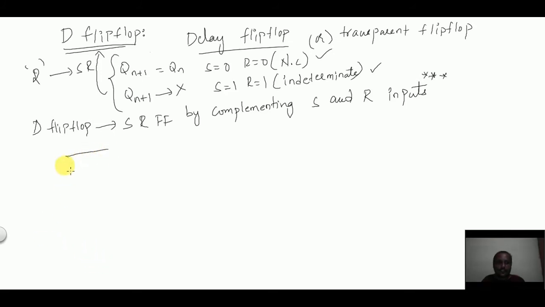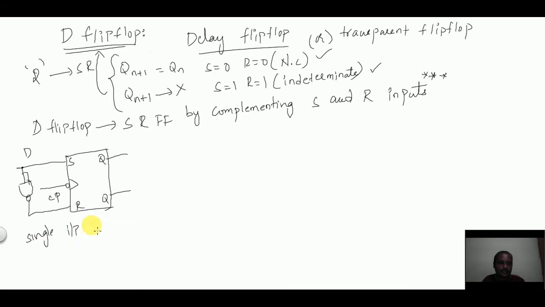If you take an SR flip-flop with a clock pulse, negative edge triggered, and outputs Q and Q bar, and complement the S and R inputs, this is D. As I have told you, a single input NAND gate acts as a NOT gate, that is, an inverter.